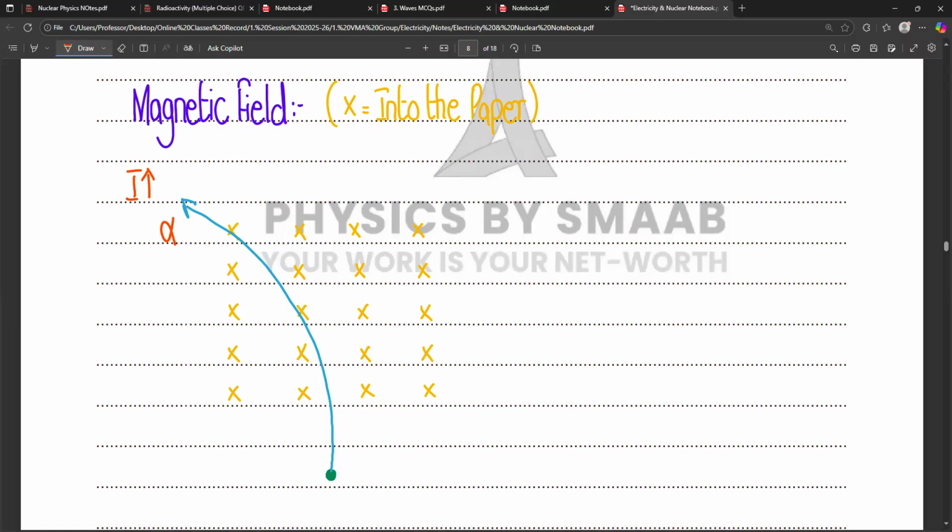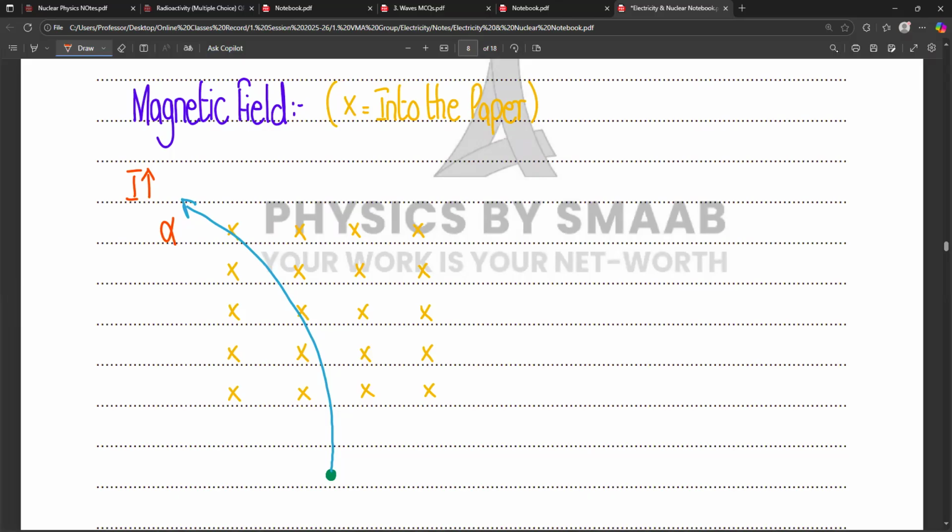So that's why if you apply Fleming's left hand rule, the direction of current is in upward direction. Okay. And secondly, the magnetic field is into the paper. And if we talk about the direction of force, your thumb direction will be towards the left hand side. Okay. So it will deflect towards the left hand side.